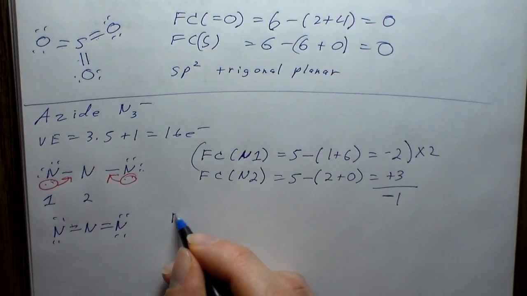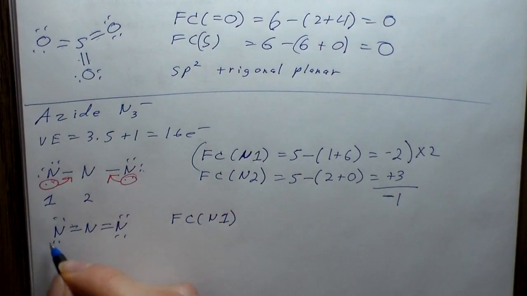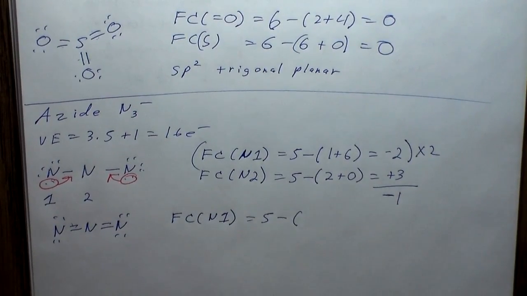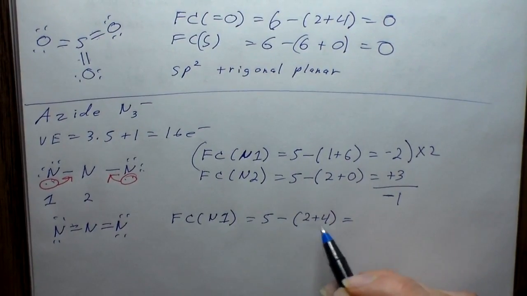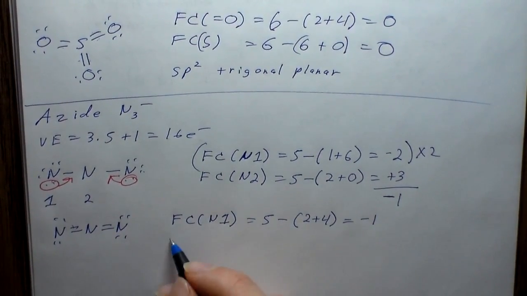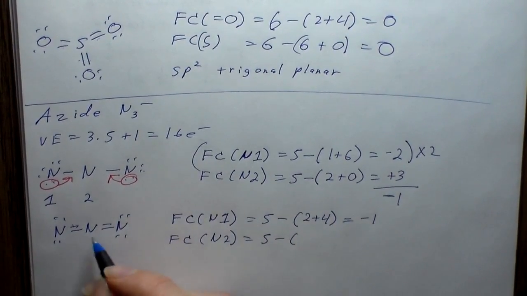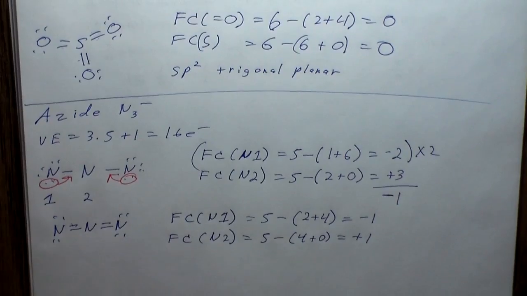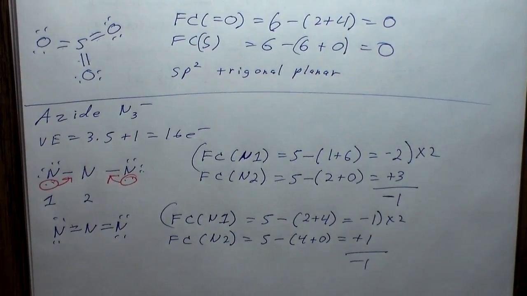So in this case, the formal charge on my nitrogen 1, so that's that same one there, 5 minus, and now I have here 2 lines and 4 dots. So that's going to be 5 minus 6, that's going to be a -1. The formal charge on my nitrogen 2 is 5 minus, and now there's 4 lines and no dots, +1. And again, I have up here times 2 of these, so that's still a -1 charge.